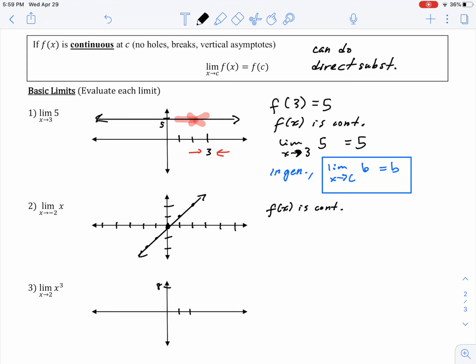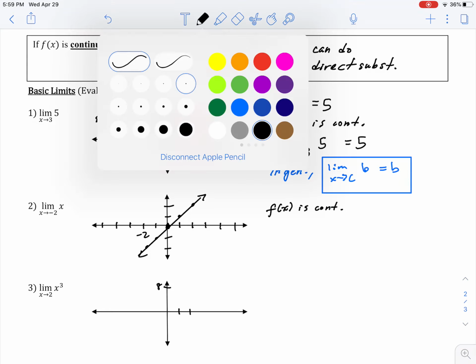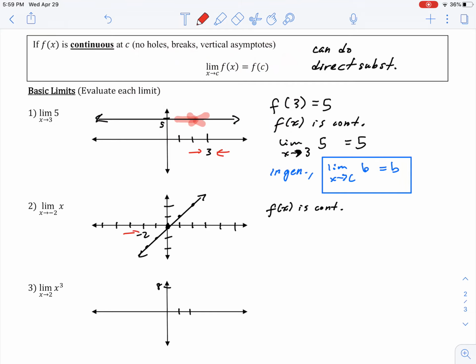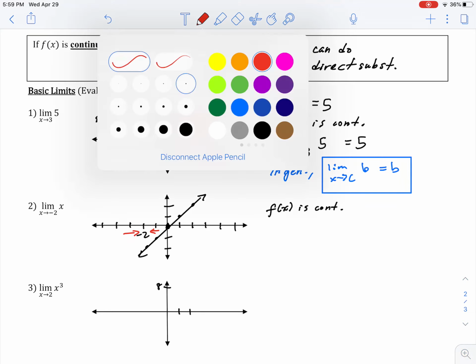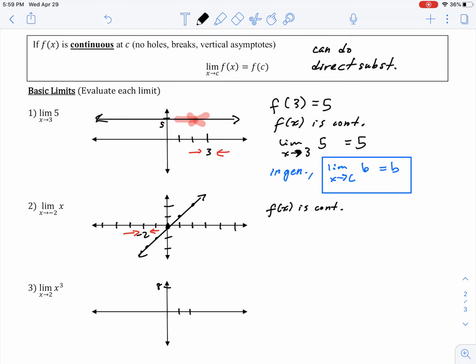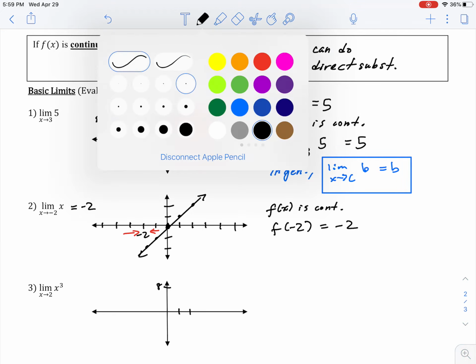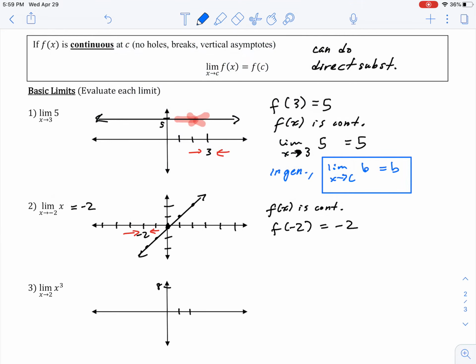So if that's the case, as x approaches -2, so as we get closer and closer to -2, what is your function approaching? Well, it looks like your function would just be approaching -2, because our function is x. So since f of -2 is equal to -2, we can say the limit of this function as x approaches -2 is -2. So here's another basic limit property.